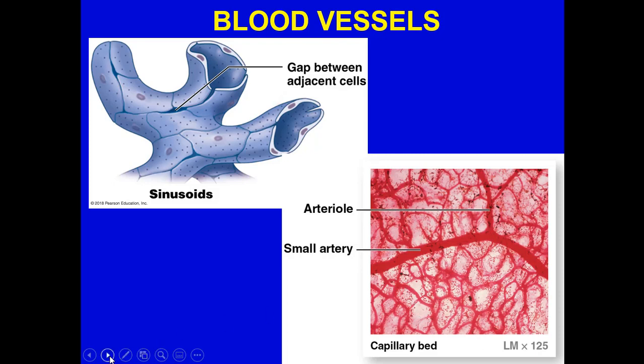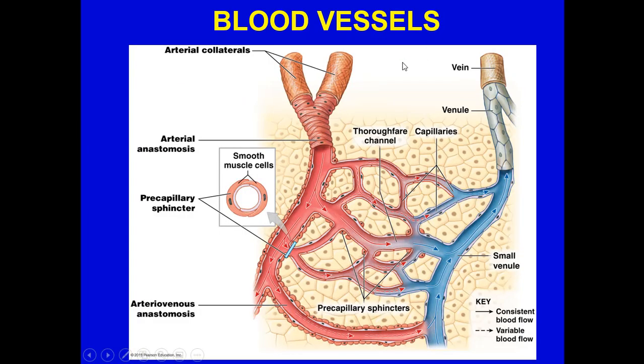Okay? Now, going over a few other things. Here are the arterial collaterals. They come together, and you have an arterial anastomosis. So basically, you've got several arteries supplying this one area for blood. And here's the tissue, obviously.